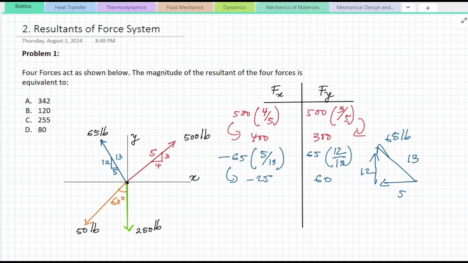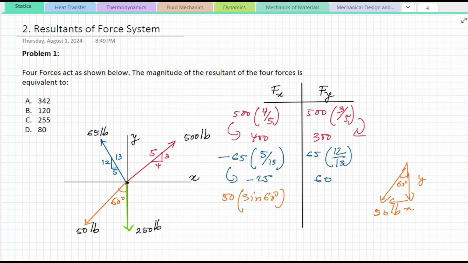Okay, moving on to the 50 pound force. Draw a vector, 50 pounds. We have the y component, this is our x component, and we have an angle of 60 degrees. As we can see here, the x component is the opposite side, so it will be the magnitude of the force times the sine of 60, and the y component will be the magnitude of the force times the cosine of 60 degrees.